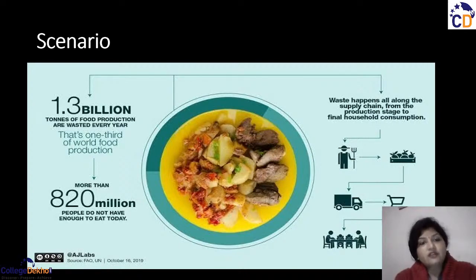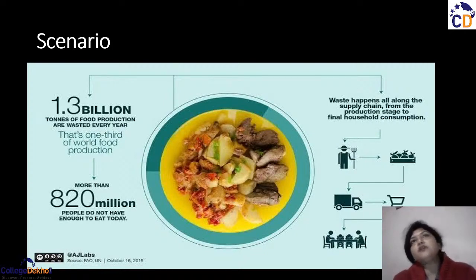We have seen that 1.3 billion tons of food production is wasted every year, which is one third of the world's food production. More than 820 million people do not have enough to eat today, and we have the wastage of food at the same time. Waste happens all along the supply chain, from the production stage to the final household consumption.